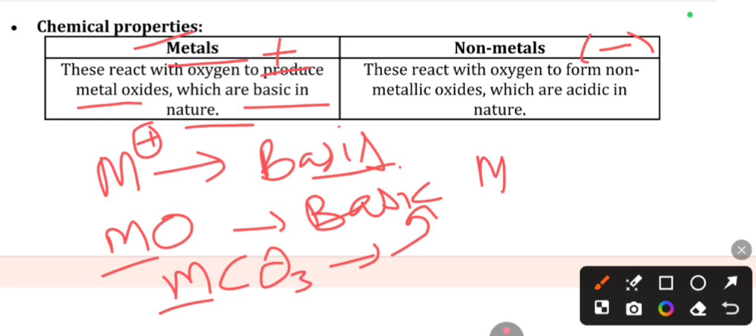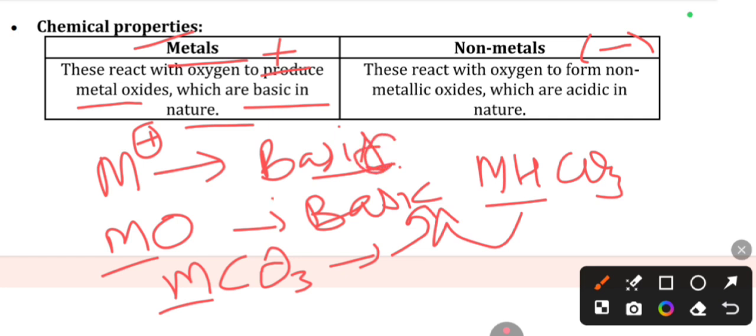Metal bicarbonate. There also we are using the word metals, so it is also basic. So you can easily learn wherever we use the word metals, all are basic in nature. So if metals are basic in nature, definitely they will react with acids.